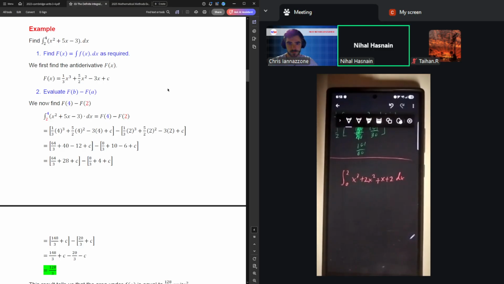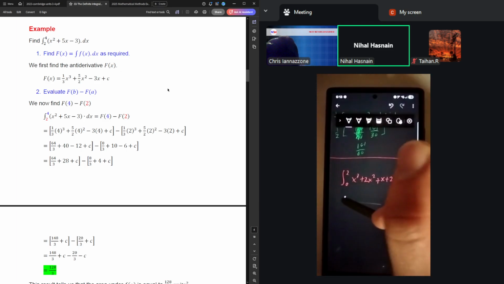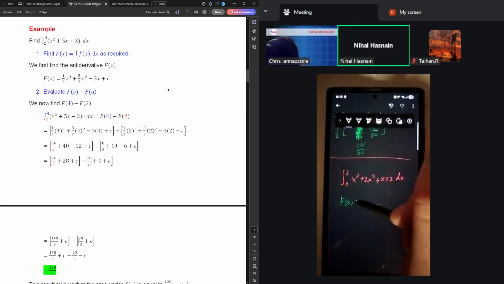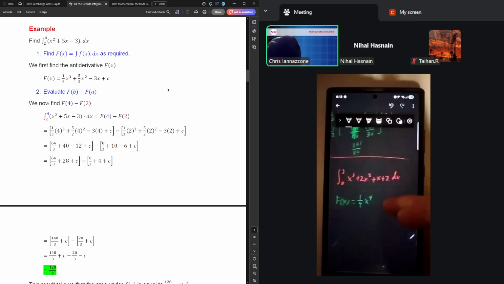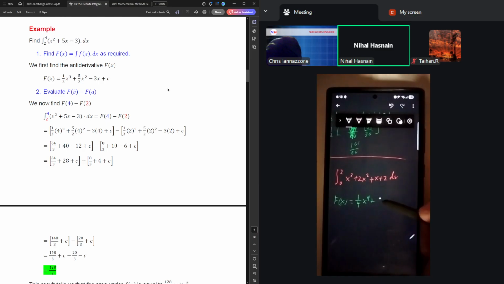We take the integral of the thing. So the first term, x cubed, becomes x to the 4 over 4. Nice. The second term is going to be 2x cubed over 3.